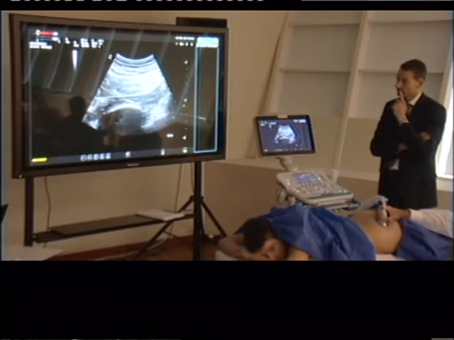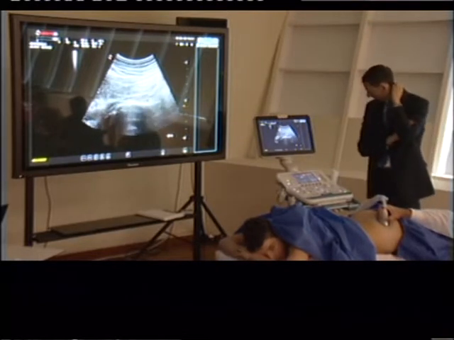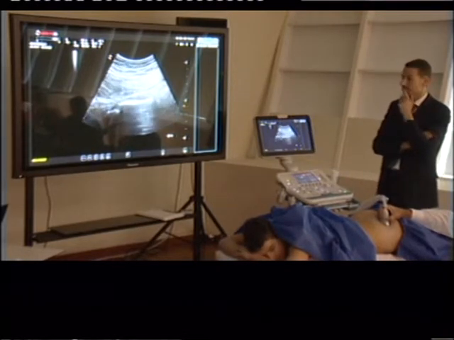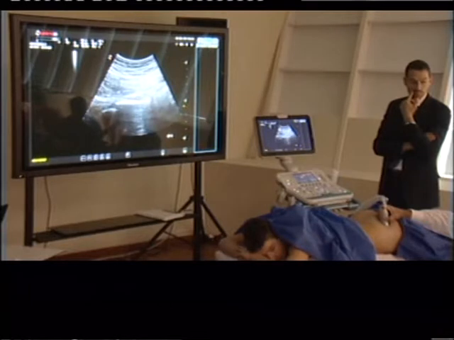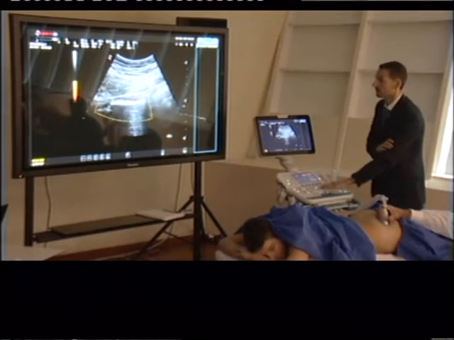Okay. So now I'm going to go down a little more, but watch the bone. Remember here? Sacral plexus and the bone. And as I go down, you see it get flat with the point. Flat with the point. Turn the Doppler on. Move it over.